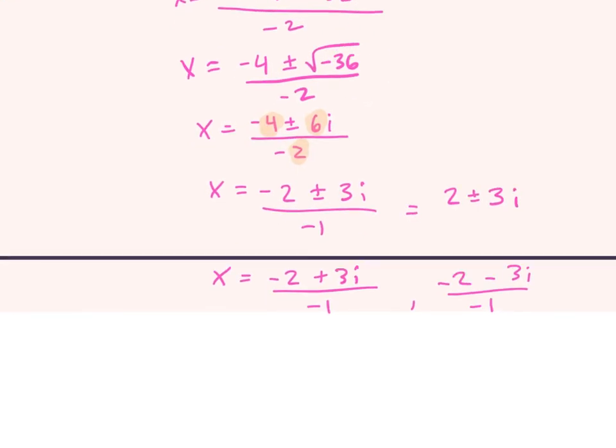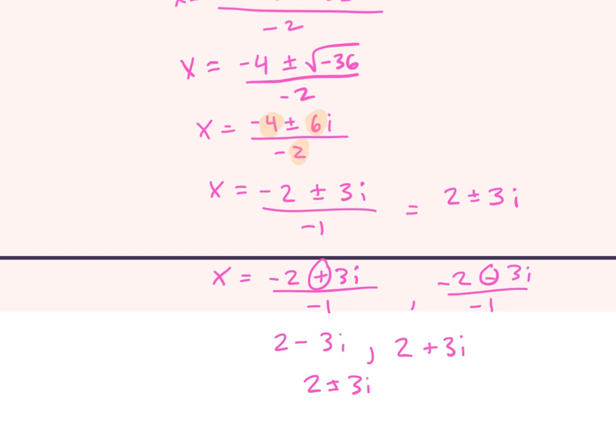And here, this is where our signs in the middle would change, but since we're writing it just as plus or minus, we're just talking about the two different ones. So if we simplified this, divided everything by negative 1, this would be 2 minus 3i, and this would be 2 plus 3i, but again, we would write this as 2 plus or minus 3i.